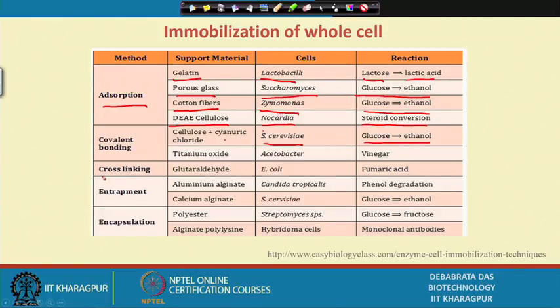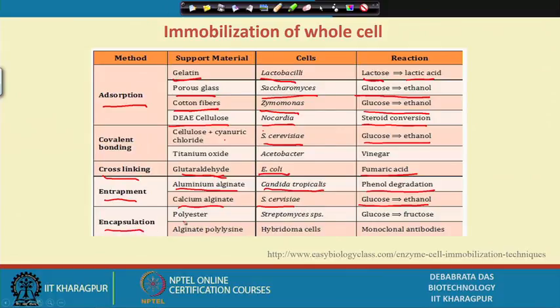For cross linking, glutaraldehyde is used as a cross linking agent, and when E. coli is immobilized, it produces fumaric acid. Then entrapment: we have aluminum alginate, calcium alginate, Candida tropicalis and Saccharomyces cerevisiae. Candida tropicalis is used for phenol degradation, and Saccharomyces cerevisiae converts glucose to ethanol.